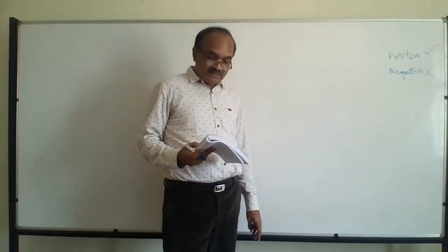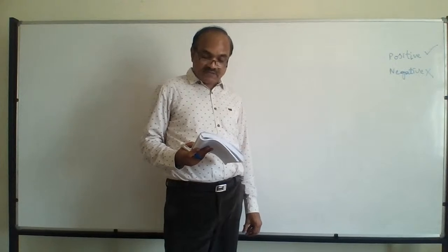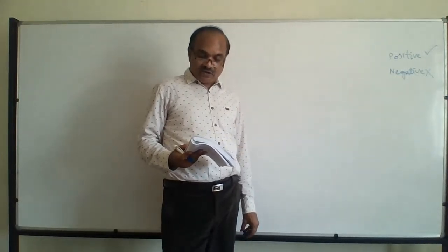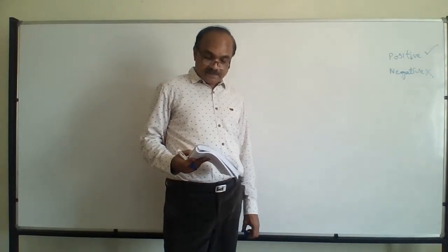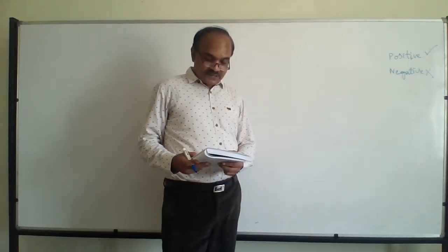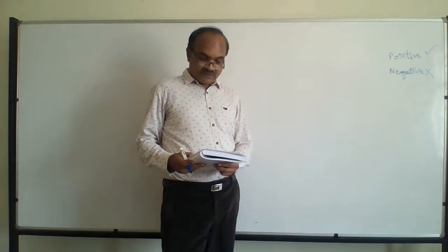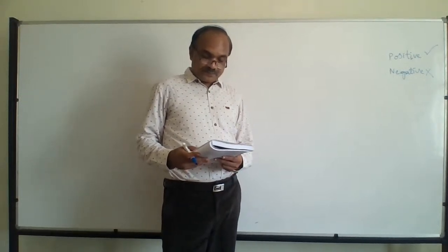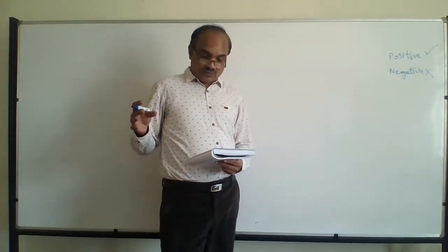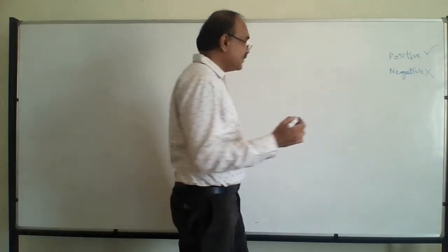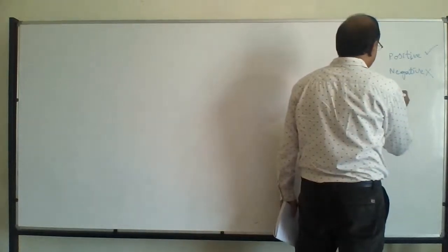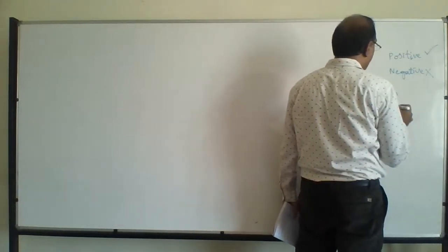Next. However, the test also yields a false positive result for 0.5% of the healthy person tested. So what they are saying? Suppose there are 100 people, 0.5% of them means half a person.